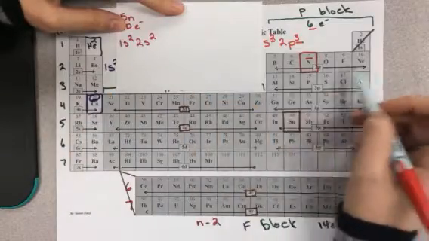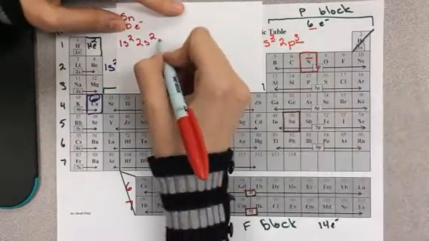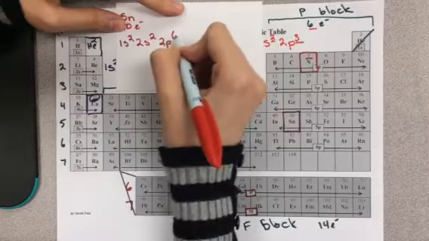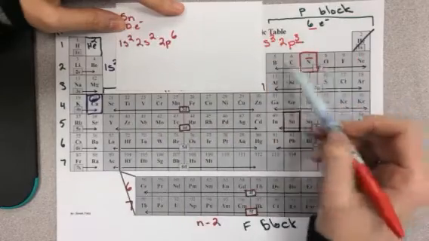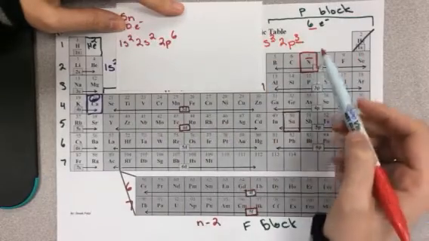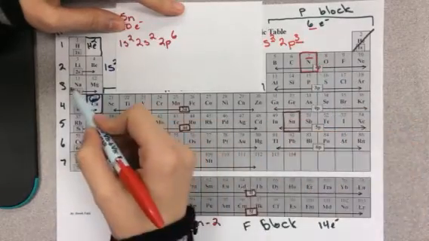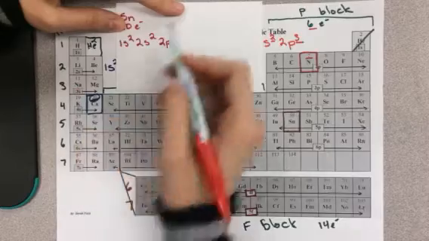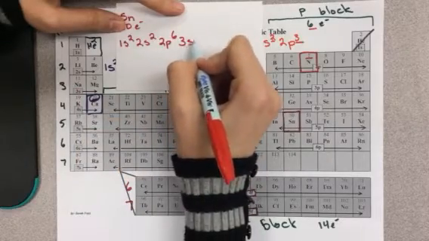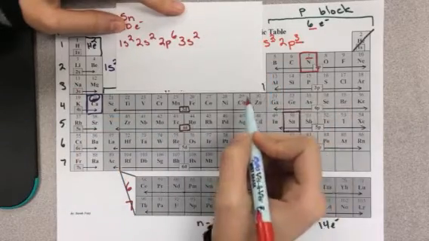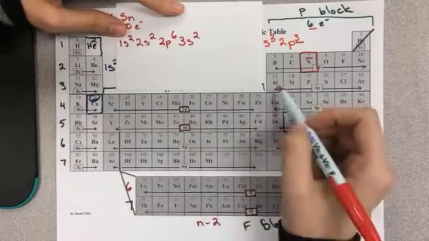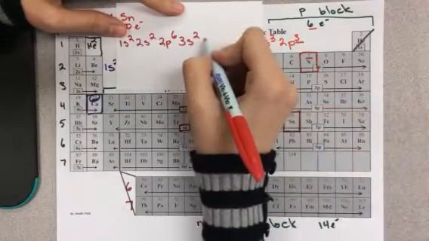And then on the second energy level, we also have the p orbitals. So 2p6. Remember that the p orbitals can hold 6 electrons. That energy level is now completely filled, so we move to the third energy level, 3s. Again, we have 3s2. And then we also have 3p6.